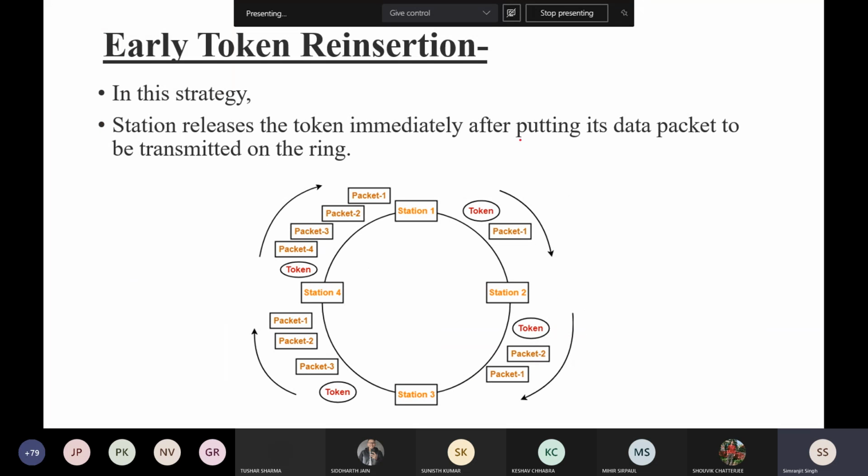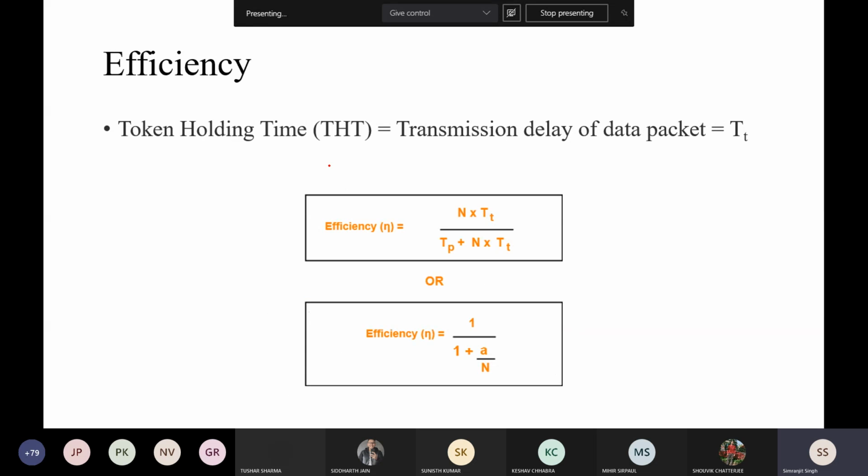If you understand this, this is the token, this is the packet, and then again if station 2 transmits a new packet, along with it it passes the token, and the same practice goes over and over again. Now this station releases the token immediately after putting its data packet on the ring.